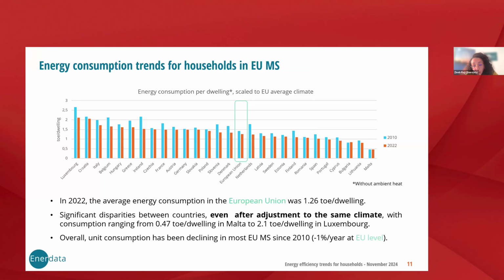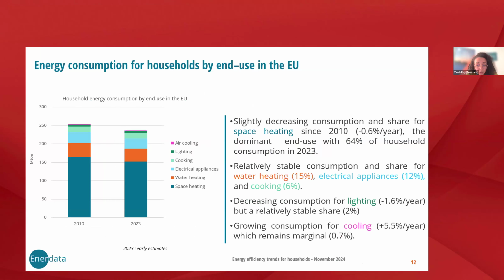We can see on the far right of the chart, Malta with 0.47 TOE per dwelling, and on the left side of the chart, Luxembourg with 0.1 TOE per dwelling. But overall, the trend that we can see on this chart is a decline in unit consumption through the period 2010-2022 in most EU countries. At EU level, the rate was -1% per year.